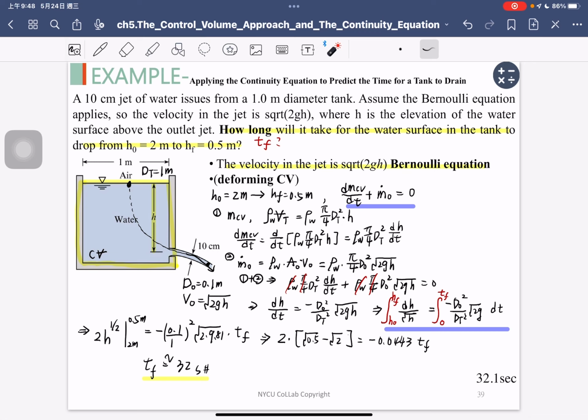So the problem is how long the water surface depth will change from 2 meters to 0.5 meter. So you should deal with the integration problem to calculate how long we have. Okay, so this is a very good exercise, and we know how we can apply the continuity equation.